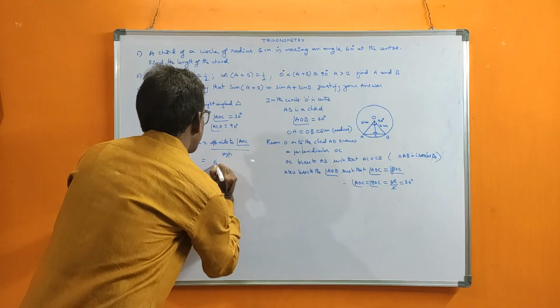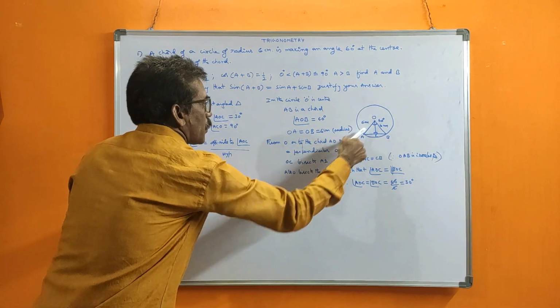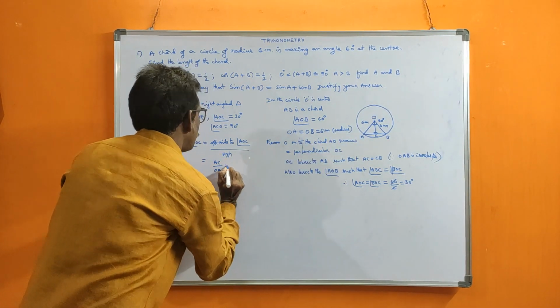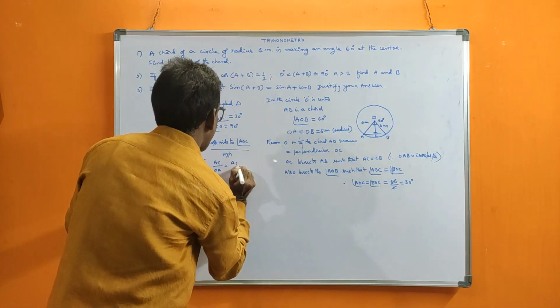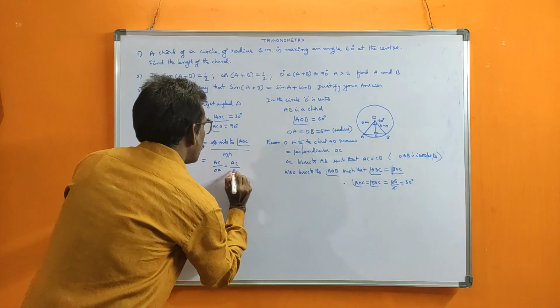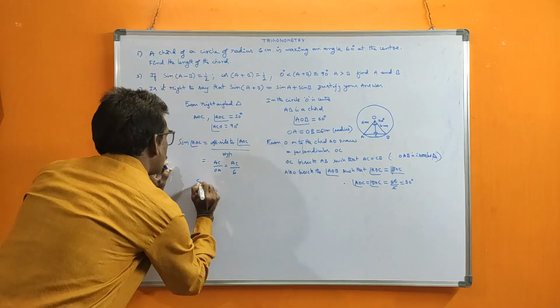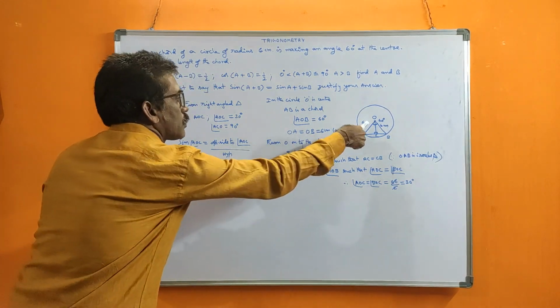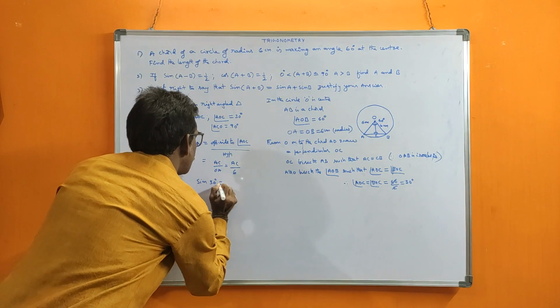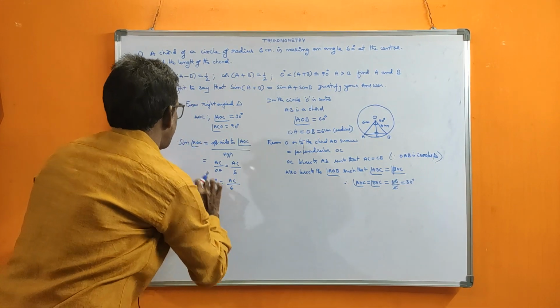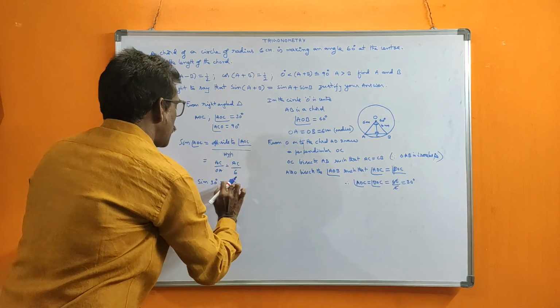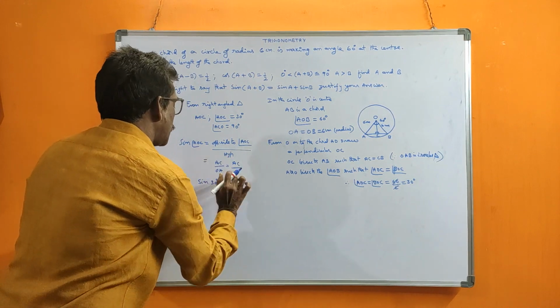BC or AC? The opposite side is AC. The hypotenuse is OA. Which values do we know? AC, do we know? Don't know, write it as it is. OA, do we know? Yes, 6. And angle AOC we know: 30. That's why sin 30 degrees equals AC by 6.